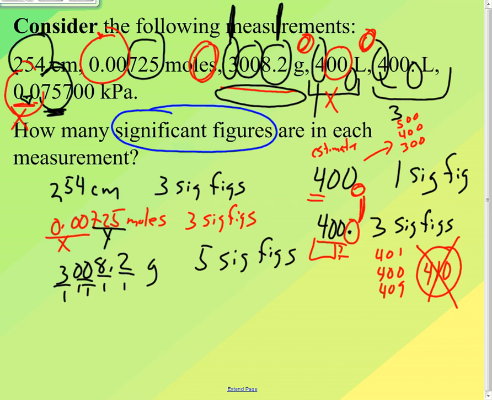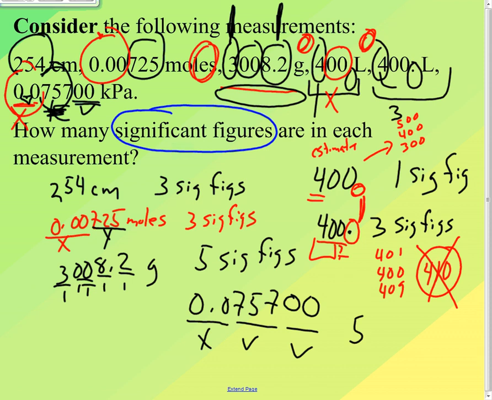And to the right of my last non-zeros, I have some zeros. That means those zeros are significant. So that means something like 0.07570 has what? Not significant, significant, significant, 5 sig figs. That could be a little confusing.